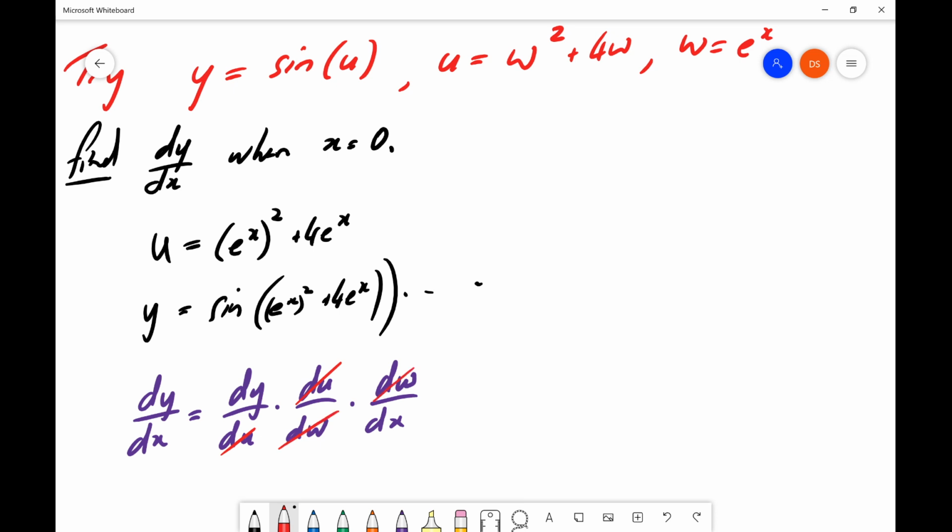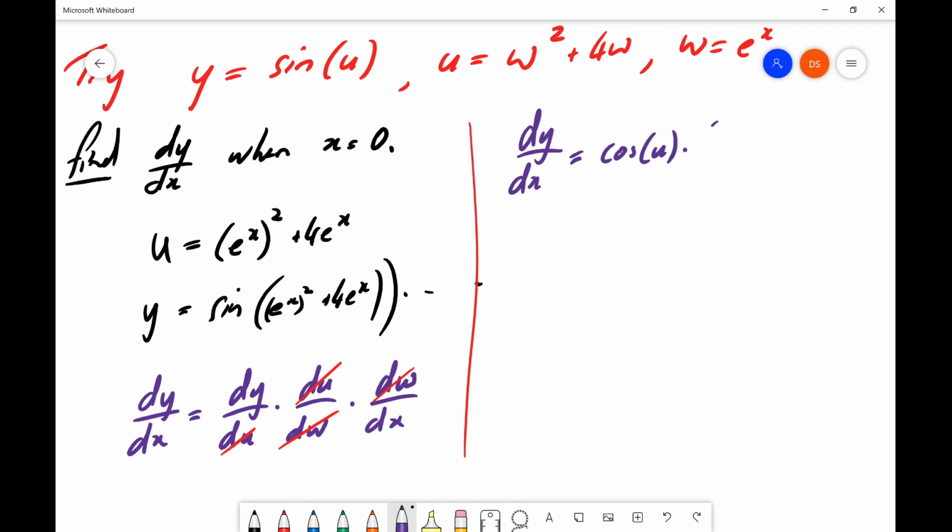The chain, it's a chain reaction. The chain rule is implemented. And so, if I just continue it over here, I get dy over dx is equal to dy over du. What is dy over du? Okay, that is cosine u.